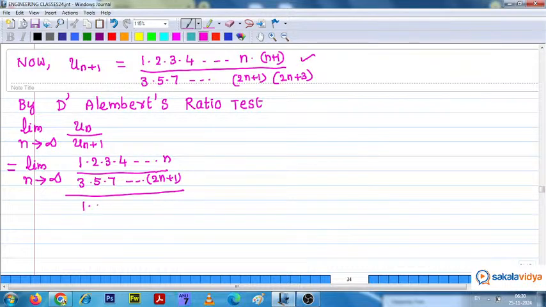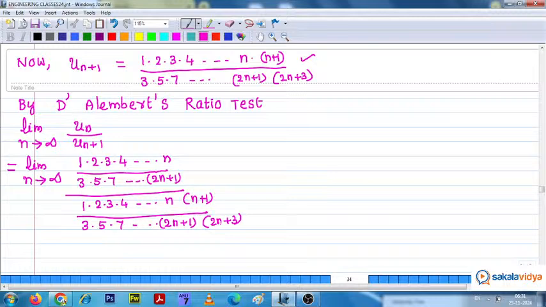So, 1 into 2 into 3 into 4 and so on to n followed by its n plus 1th term, divided by 3 into 5 into 7 and so on to n plus 1 followed by the n plus 1th term, that is 2n plus 3.